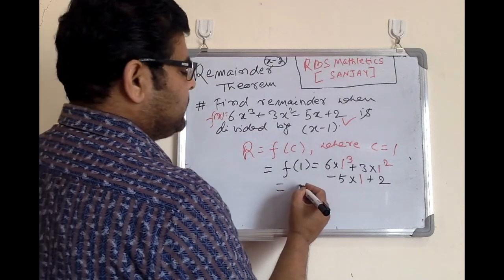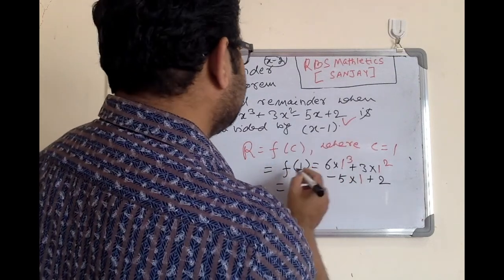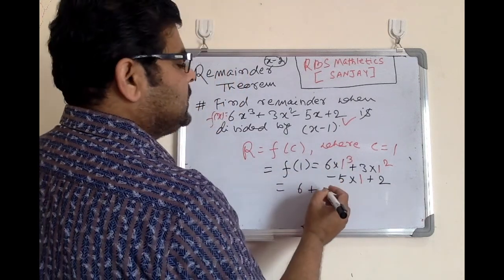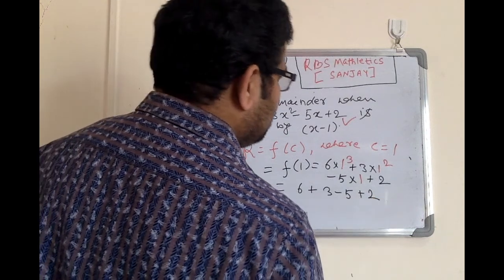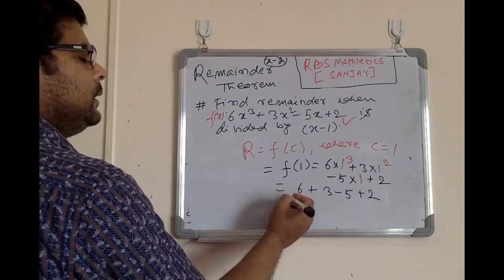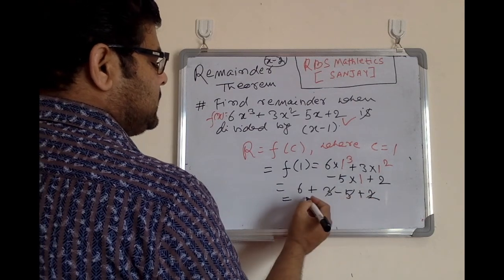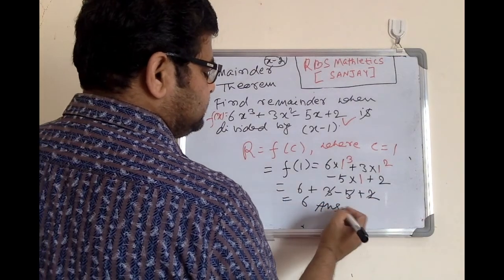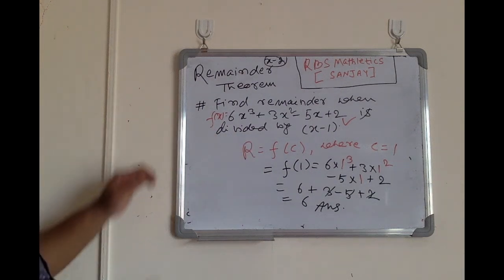It is 6 plus 3 minus 5 plus 2. So 3 plus 2 is 5, and 5 gets cancelled out, so our answer is 6. In this way you can find the remainder by using this formula.